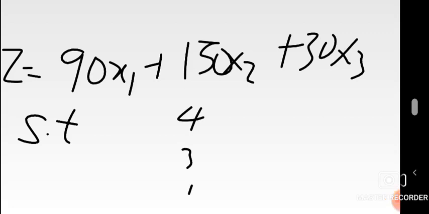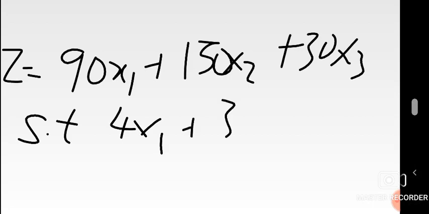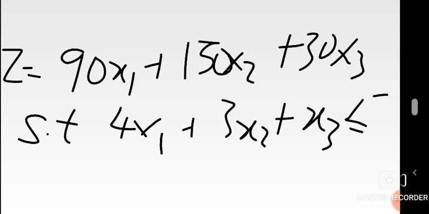So the first number will be 4x1, the second number 3x2. We're just making the constraint now, because we've done the objective. 4, 3, and 1, which is just x3. What is the budget? 5 kilograms. Maximization takes what sign? Less than or equal to. Remember that. That's just one part. You can even get some marks already here.